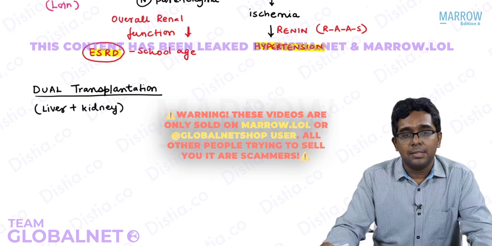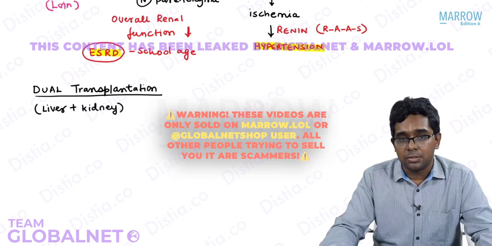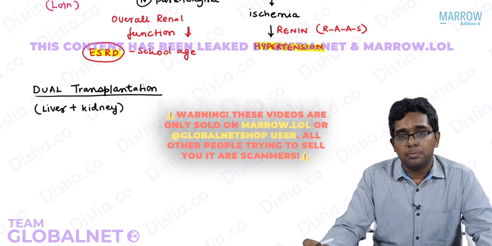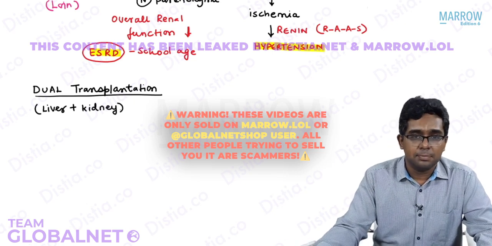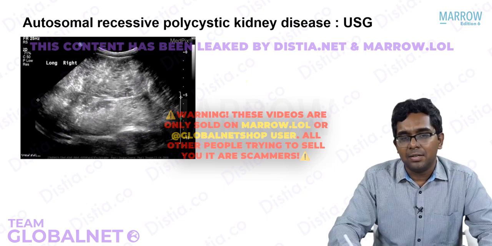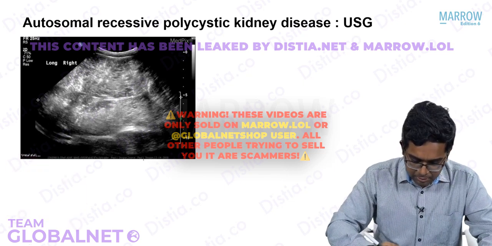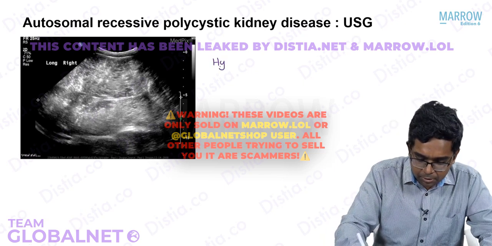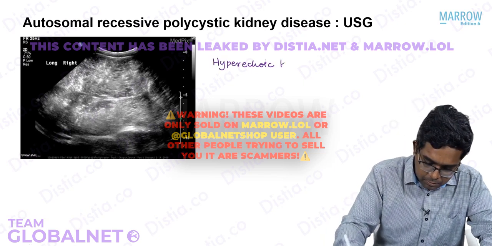Now, one point in radiological investigation is regarding the ultrasound appearance in case of autosomal recessive polycystic kidney disease. Have a look at this picture. You can see in this ultrasound that the echogenicity of the kidney is increased, or what we call hyperechoic kidneys. That is number one.